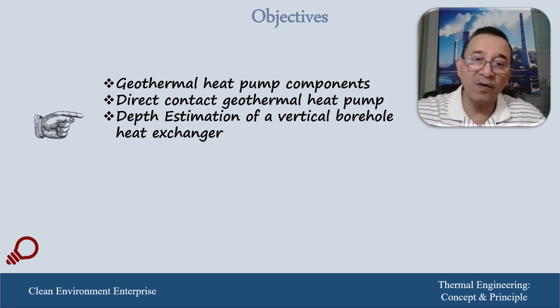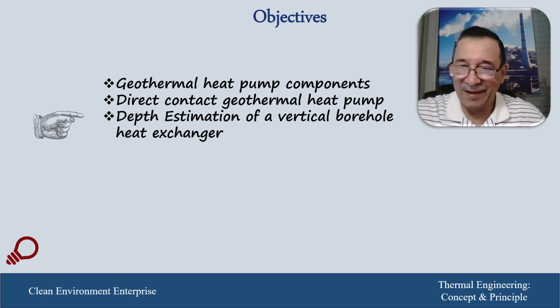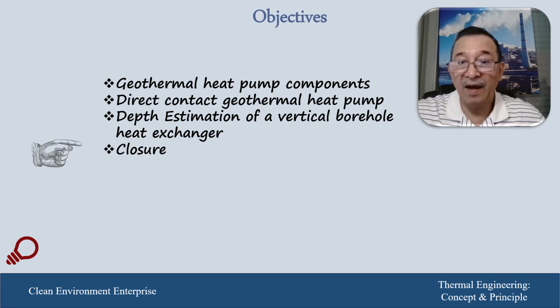Then we will go through the estimation of the depth for this heat exchanger, which is in effect, we are calculating the surface area of the heat exchanger to achieve a certain heat or cool load. And finally, we will approach, as usual, the closure for the present episode.